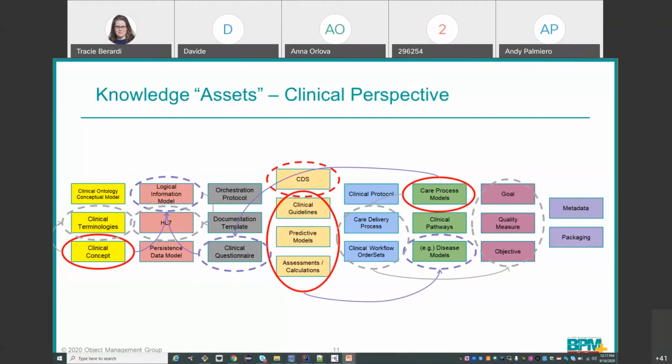Now, with that in mind, the reason why I brought this up is that the models we'll be looking at today are mostly focused on the core that is in the tool. So guidelines, assessments, and predictions with an overarching process orchestration and the support for clinical concepts.